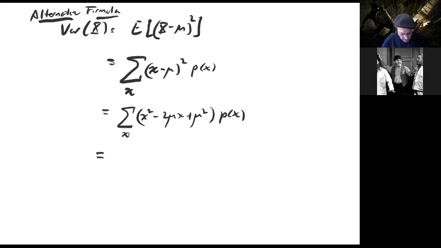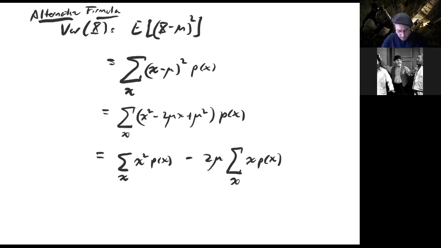And now this sum breaks up into three sums. The sum over x of x squared p of x, minus, I'll bring the 2 mu outside, the sum over x of x p of x, plus mu squared times the sum of p of x over x.